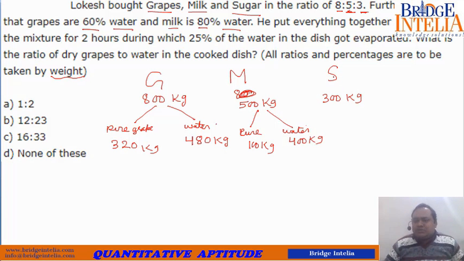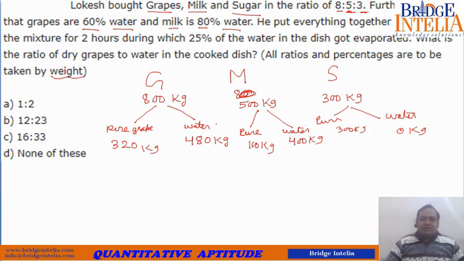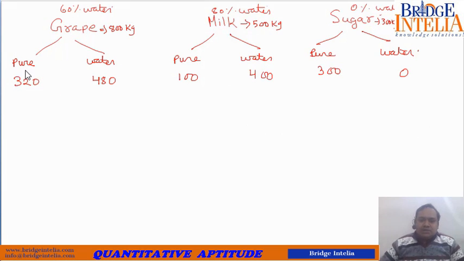Nothing is said about sugar, so you can assume in sugar there is 0 kgs of water, and pure part 300 kgs. So this is what he has bought from the market. So let's draw this on the other page. So this is what he has brought from the market.